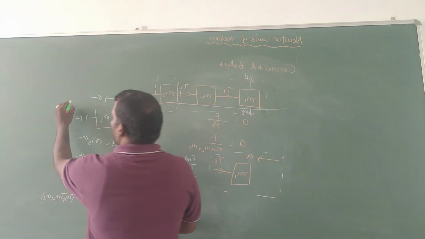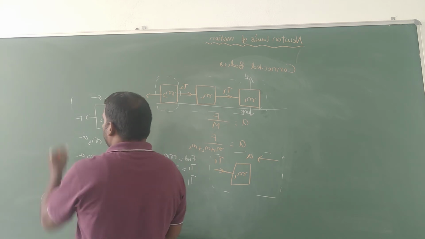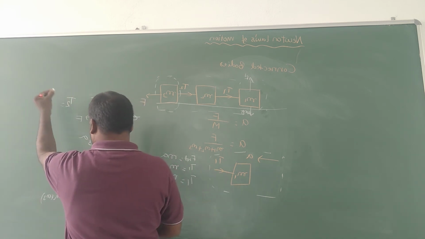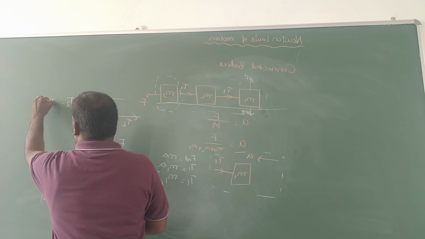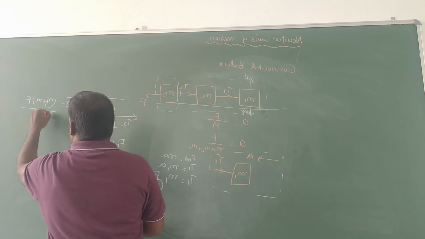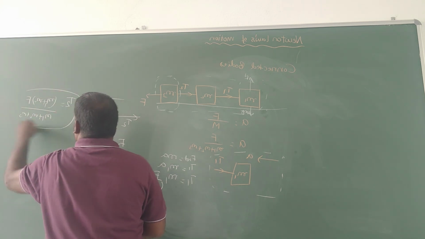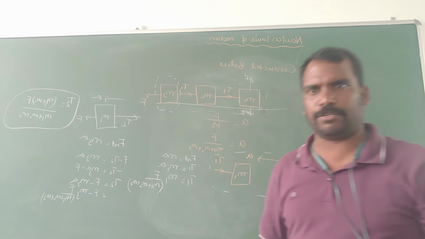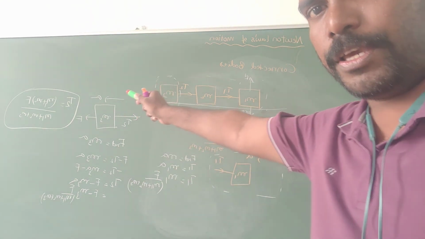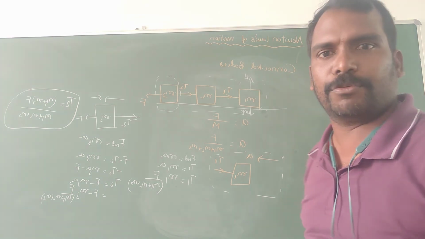Therefore, tension T2 is equal to m1 plus m2 into F by m1 plus m2 plus m3. This is tension T2: T2 equals m1 plus m2 into F by m1 plus m2 plus m3.